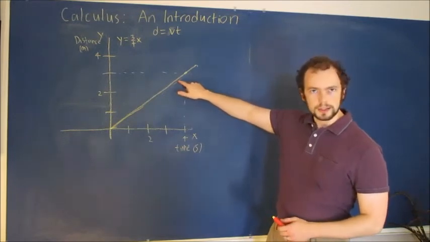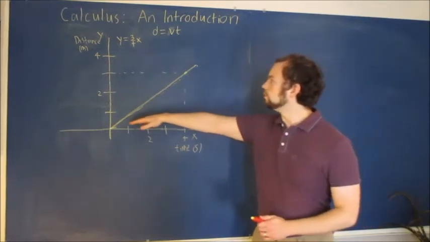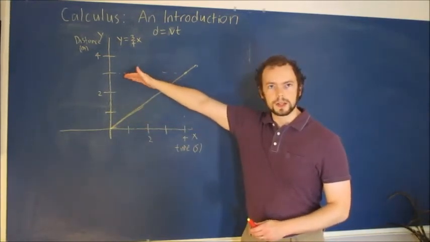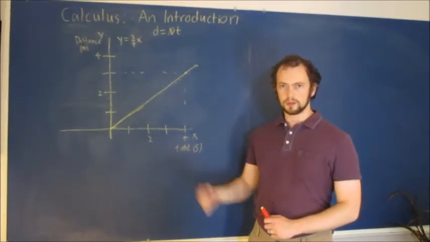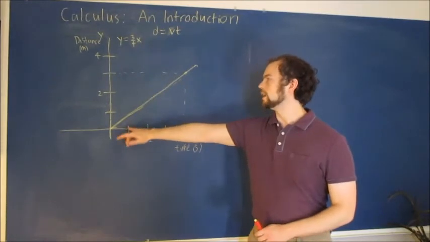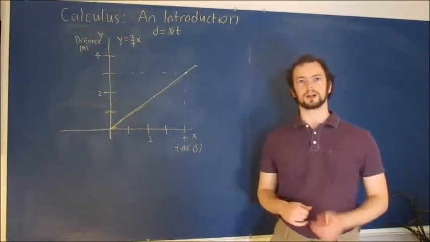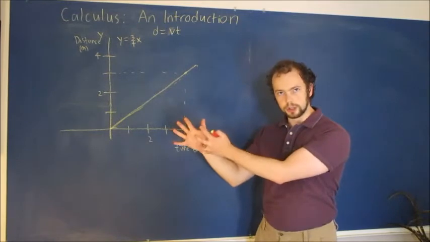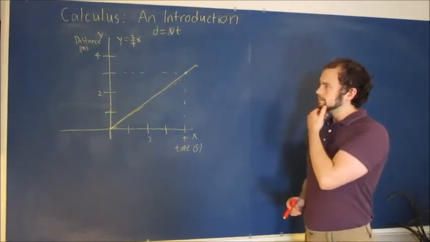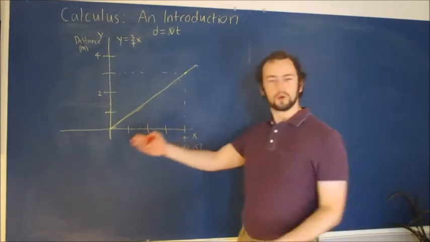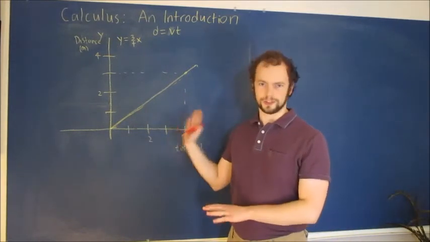This object is moving 3 meters every 4 seconds, or every 1 second, it's moving 3/4 of a meter. However you want to think about it, that ratio is the same. It's constant. So this is really quite easy to work with. No calculus is necessary here.